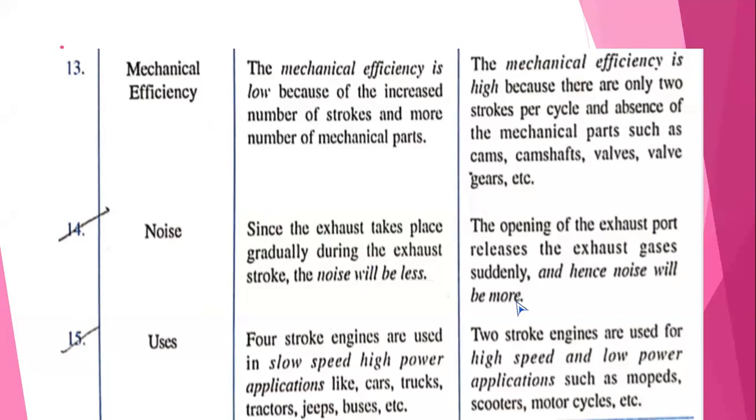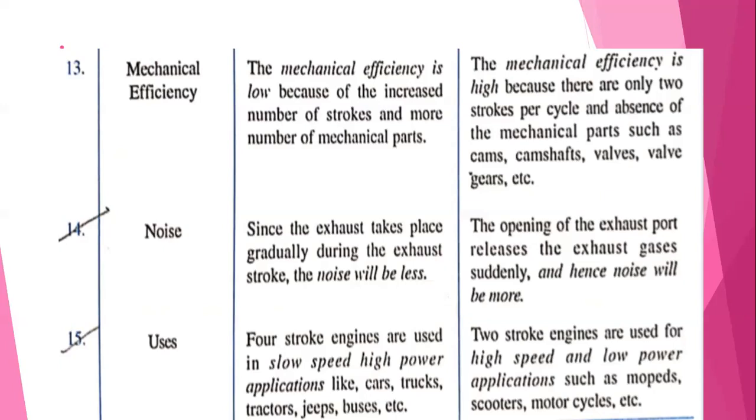The difference is that in the case of a two-stroke engine, there will be ports in the engine cylinder, the exhaust port. Because of the movement of the piston, scavenging takes place. Remember the definition of scavenging: that is nothing but filling the engine cylinder with the fresh charge.